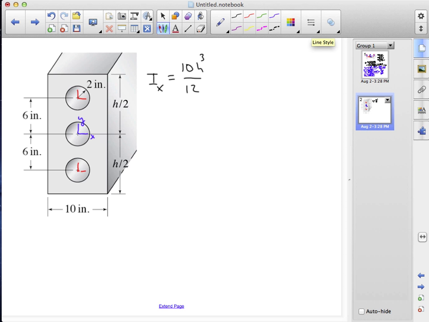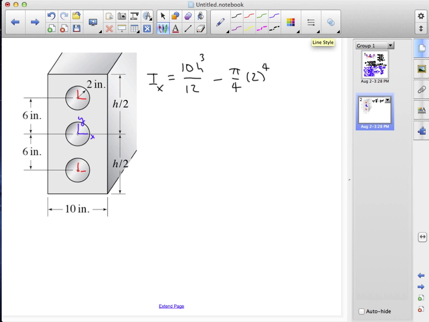And we can subtract off first the center circle. That is relatively straightforward because its center is coincident with the center of the whole section. And we had previously for Ix that this was equal to pi over 4 times the radius of the circle raised to the 4th power, and that's 2 inches to the 4th.